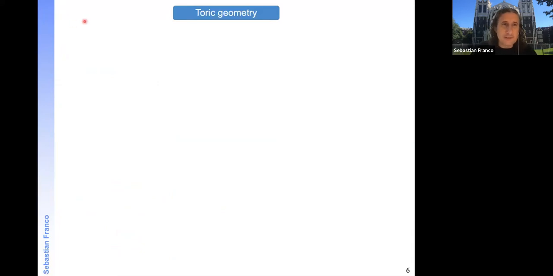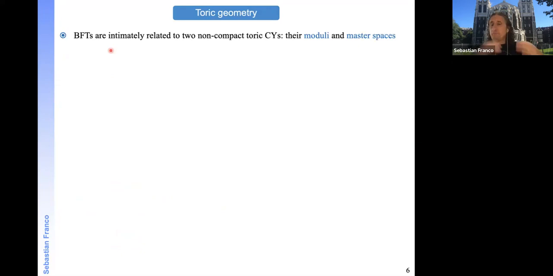Bipartite field theories are intimately related to some non-toric Calabi-Yau singularities. The two natural ones that you can associate to them are the master space, meaning the solution to vanishing F terms, and the moduli space, the solution to vanishing F terms and D terms.